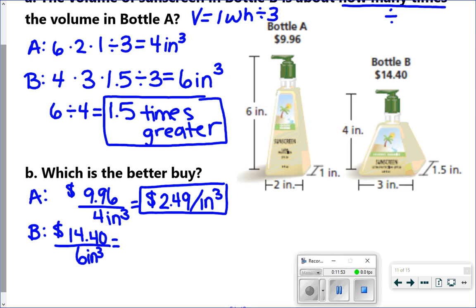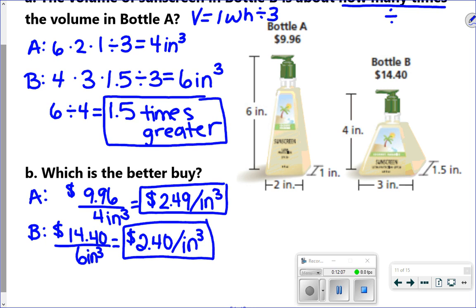When I divide for that one, I get 2.4, but remember, dollars always has 2 decimals to it, money, so it's going to be $2.40 per cubic inch. So which is the better buy? That's going to be bottle B. It has a smaller unit price. Bottle B is the better buy.